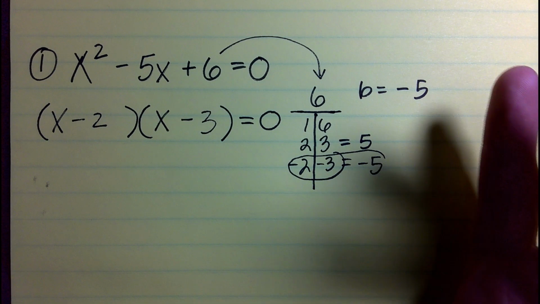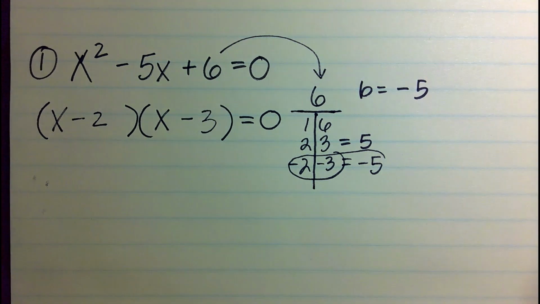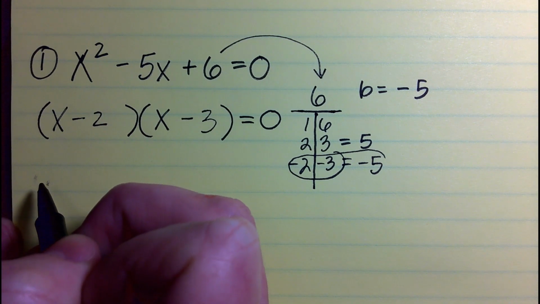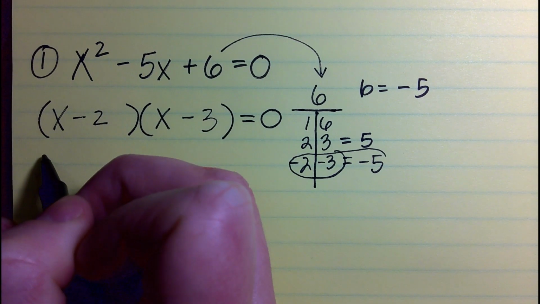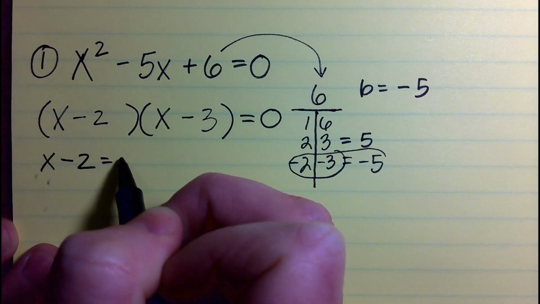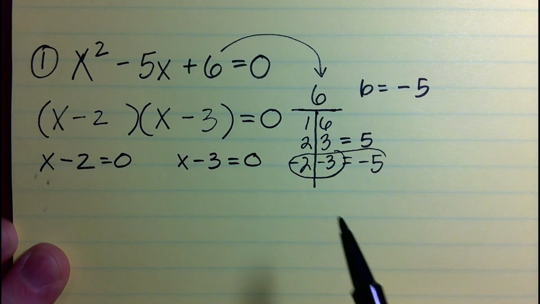Any other questions before we continue this one? All right. How do we solve for x now? Yeah, we're going to separate these into two equations. x minus 2 equals 0, and x minus 3 equals 0.